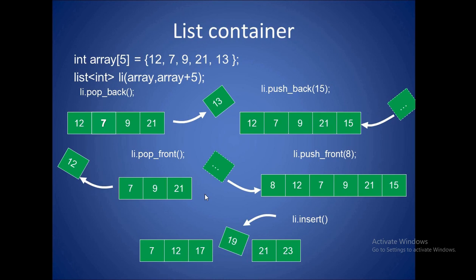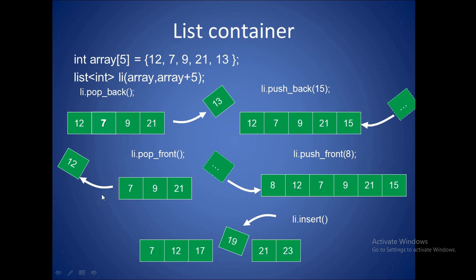Next is about list containers. An integer array of 5 elements. We are creating a list with the help of the array, so all these 5 elements are now present in the list. The list name is li here. So li dot pop back means we are deleting the element at the back side, so 13 is deleted. li dot push back inserts an element at the back end, so 15 is inserted.